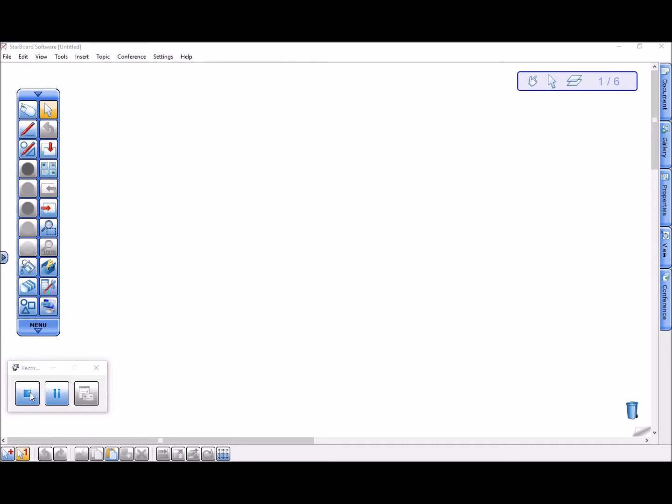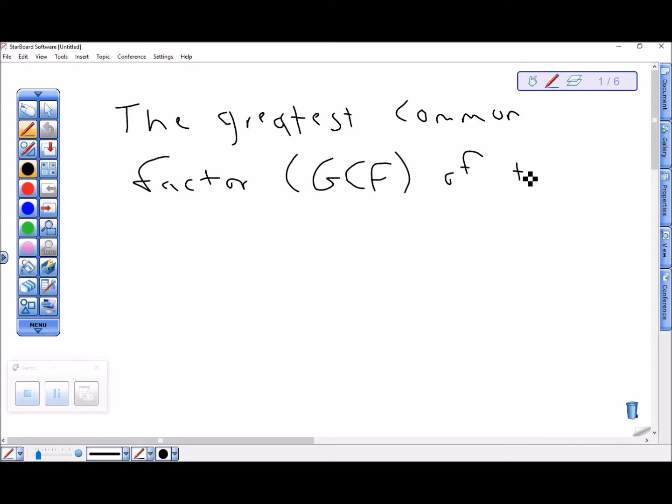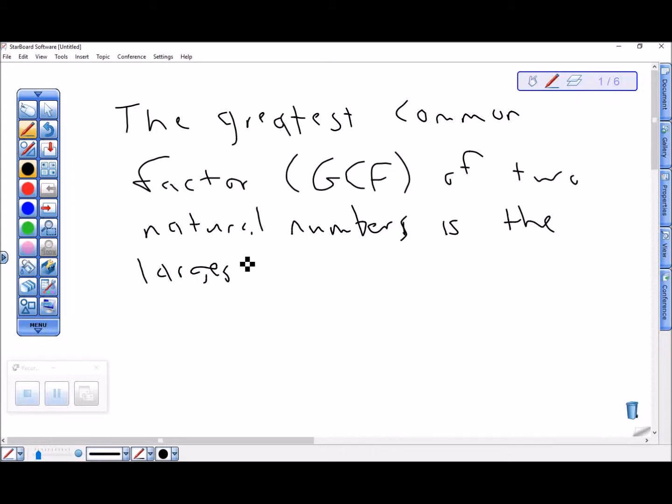Let's talk about the greatest common factor of two numbers. The greatest common factor, often abbreviated as the GCF, of two numbers, and we'll go for natural numbers, is the largest, because it's greatest, right, natural number that evenly divides both.